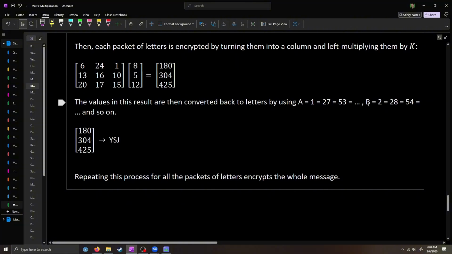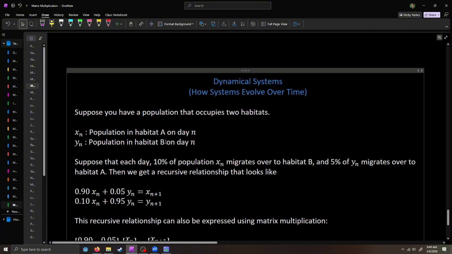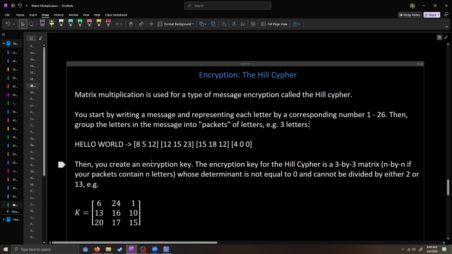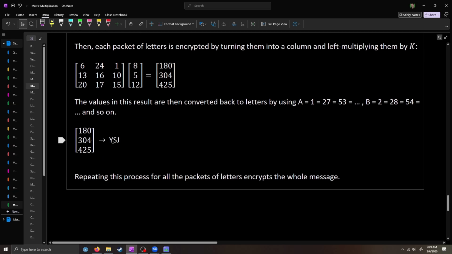B corresponds to 2 and to 28 and to 54 and so on. So using that kind of arithmetic, the encrypted packet 180, 304, 425 turns into the three letters Y, S, and J. So this would be the encryption of the first three letters of my message. HEL in hello world has become YSJ in the encrypted message.